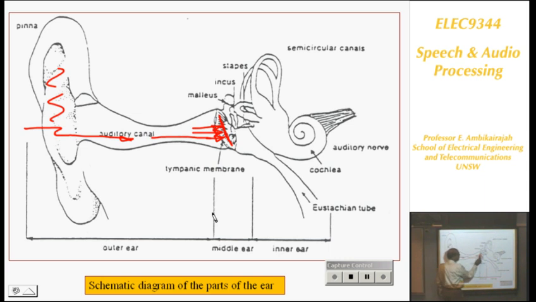When this membrane is moving, it is connected by three bones: the malleus, incus, and stapes. The malleus is like a mallet hitting it; if this is oscillating at 1 kilohertz, it will be hitting at 1 kilohertz.